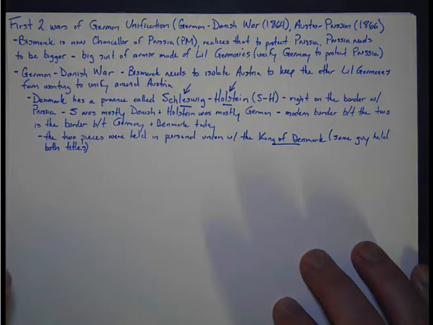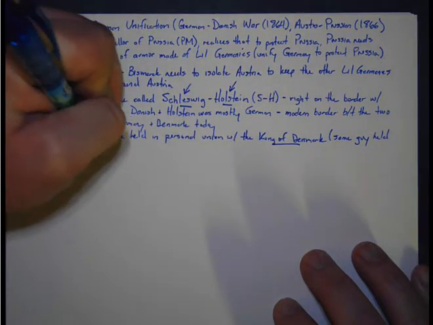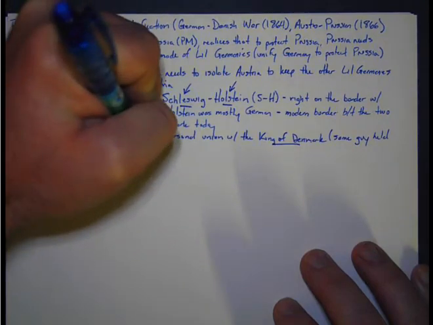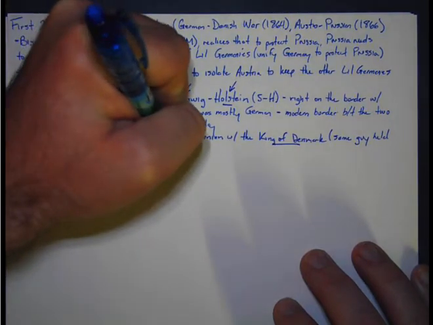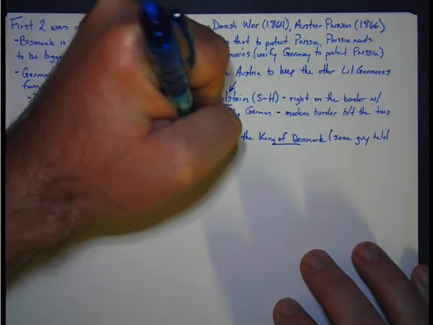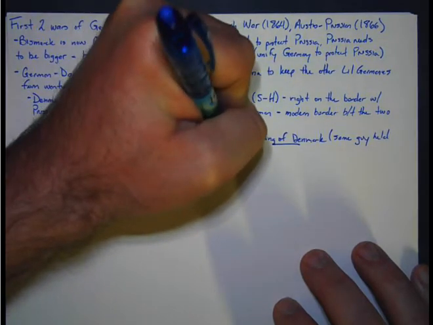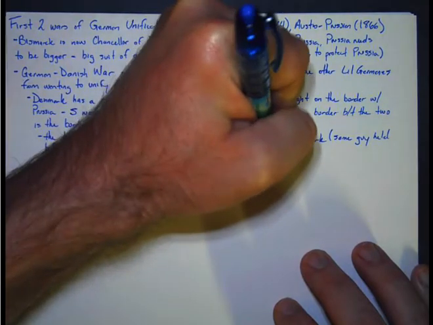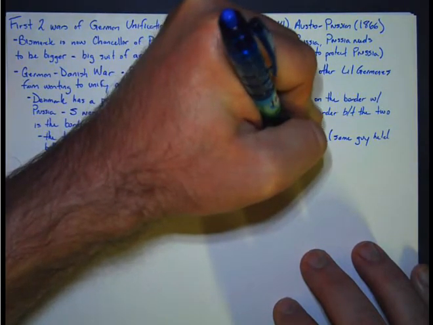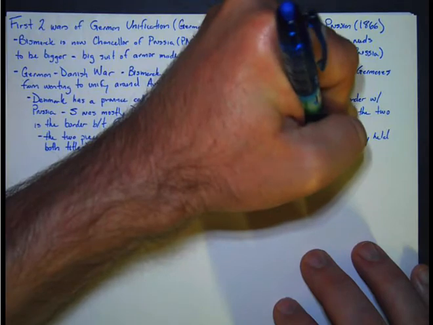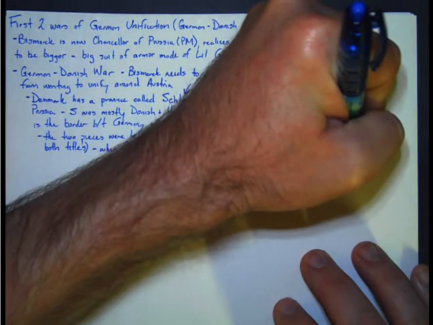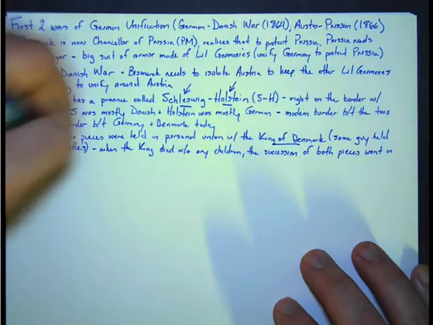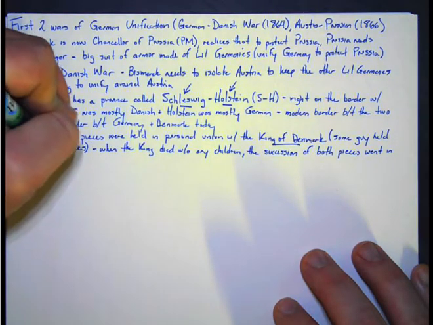The problem was when the king died without any children, the succession of both pieces went in different directions.